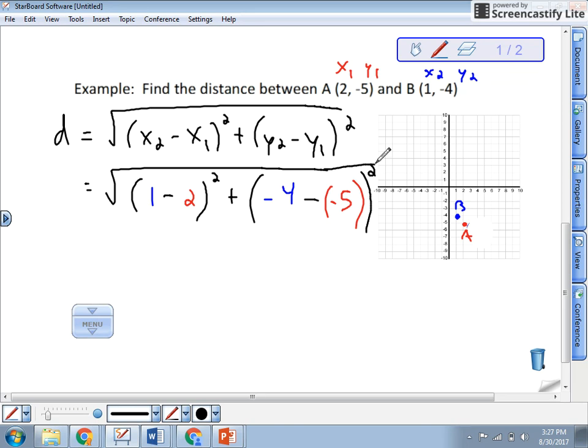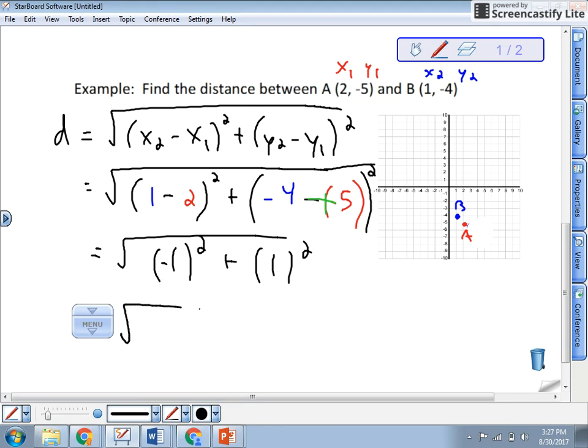Then it just becomes algebra. 1 minus 2, all right, that is -1, inside parentheses, squared, plus -4 minus a -5, well, -4 minus a -5, this becomes right here a plus because it's minus a minus, so that becomes 1, +1 squared. So again, over here, we've got -1 squared plus 1 squared.